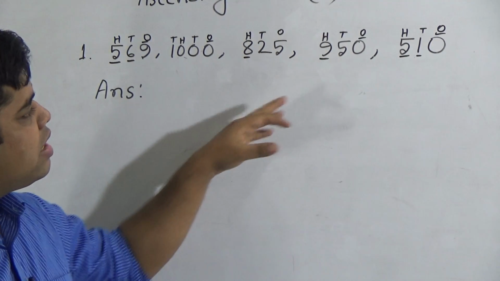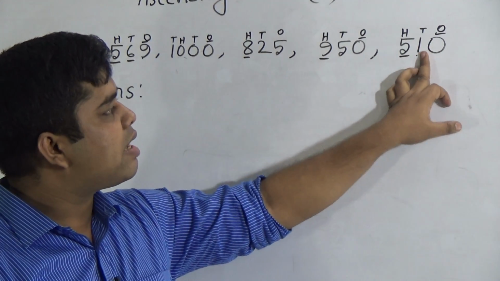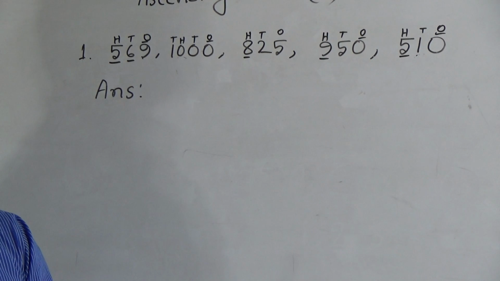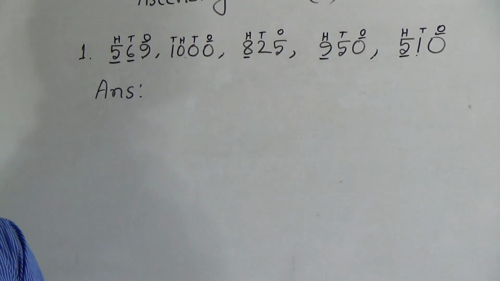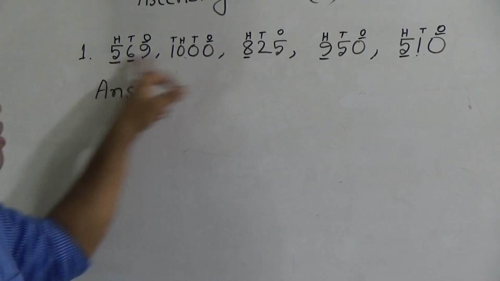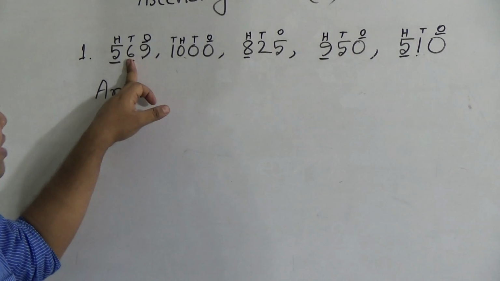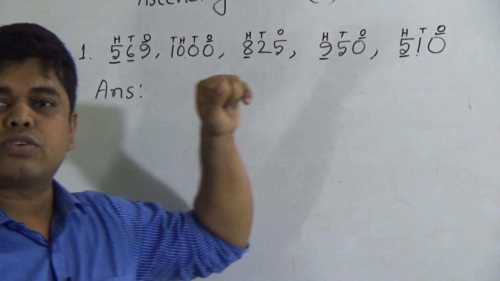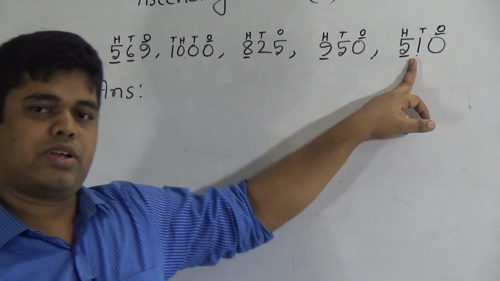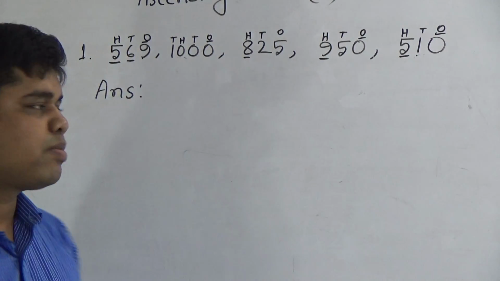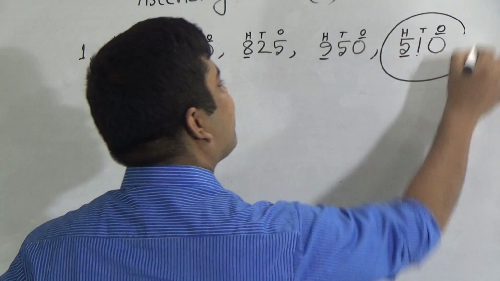Here you notice if the number is the same, then we go to the next digit to take a decision which one is the smallest and which one is largest. Here 5, 5 both are the same, so we go to the next digit, the tens place digit. Between these 2 numbers we notice 1 is the smallest. So 510 is the smallest number among these 5 numbers.